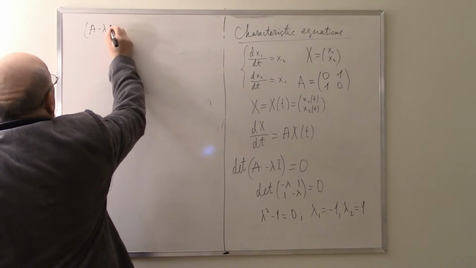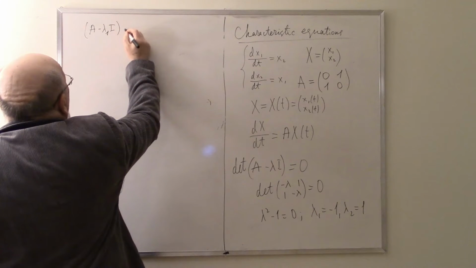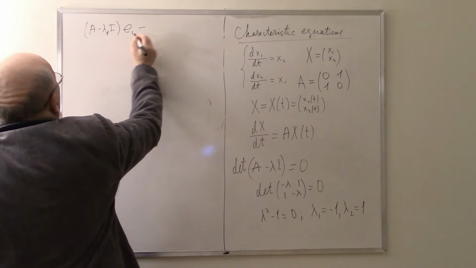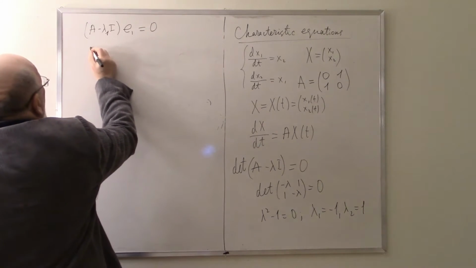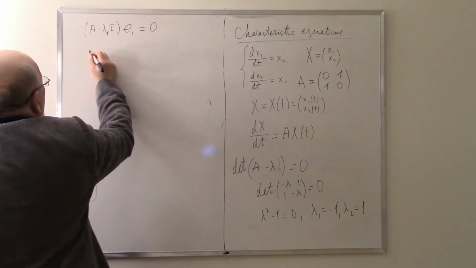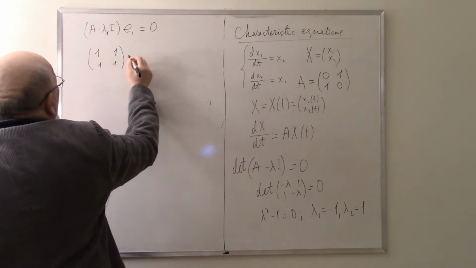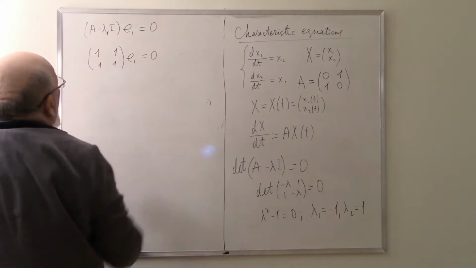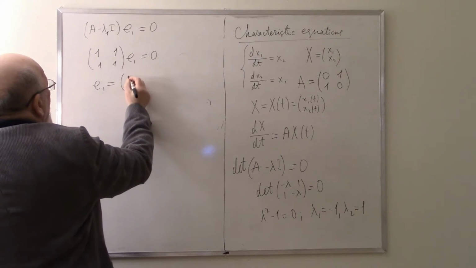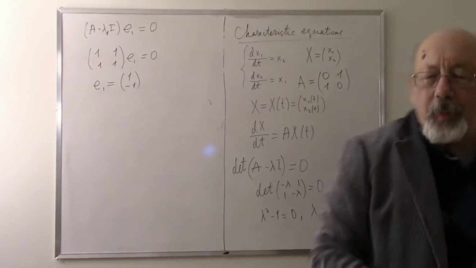A minus lambda I times vector, say E1, the eigenvector, equals 0. So A minus lambda 1, where lambda 1 is minus 1, is 1, 1, 1, 1 times E1 equals 0. This means that E1 we can say is 1, minus 1, or any vector which is proportional to it.